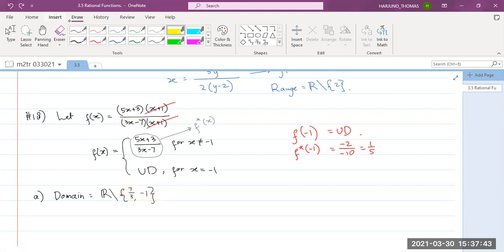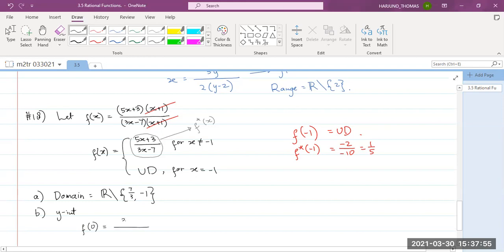And then, how about the y-intercept? Well, plug in f(0). There'll be 3 times 1 over -7 times 1. That's -3/7. So the y-intercept is (0, -3/7). Any questions so far?